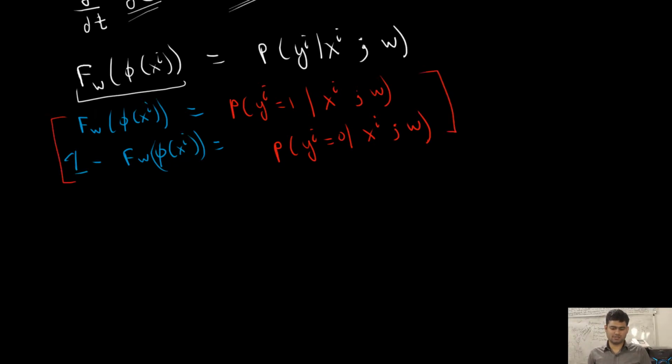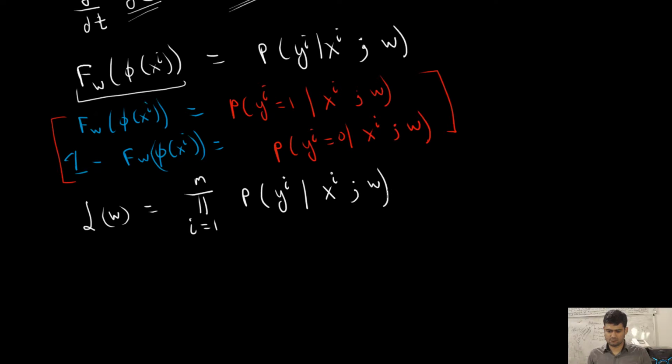So in the last lecture, we discussed the likelihood function and the maximum likelihood estimate of the parameters w. And since we are modeling the probabilities, we can write the likelihood of the parameters as the likelihood function.